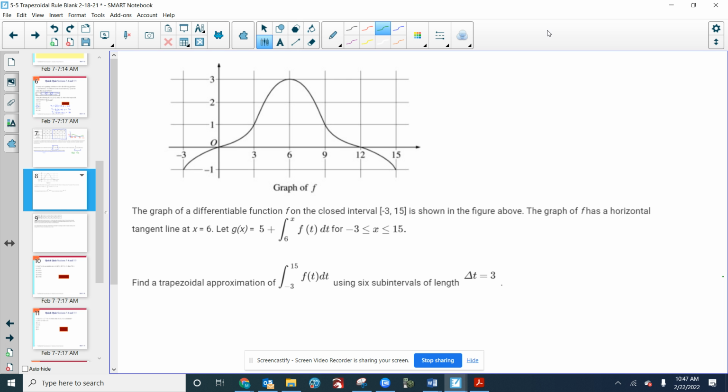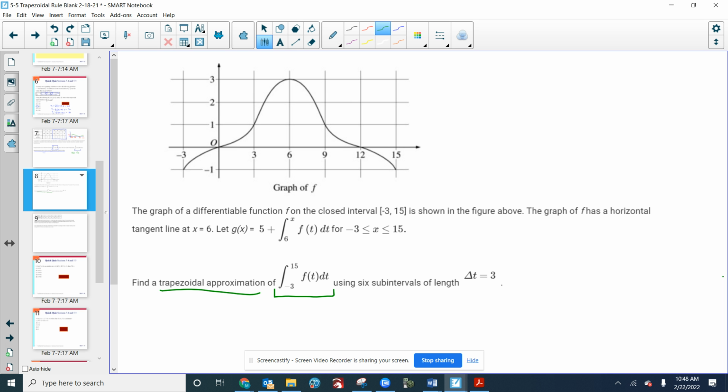All right. Let's just pay attention, which is the only thing some of you guys did, to this part right here. Integral from -3 to 15 using 6 subintervals of equal length, and we're using the trapezoidal approximation. So back to Dom's question.